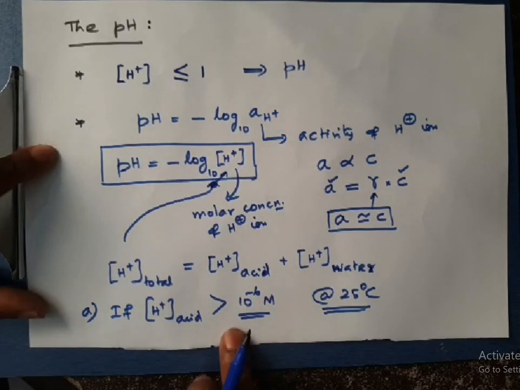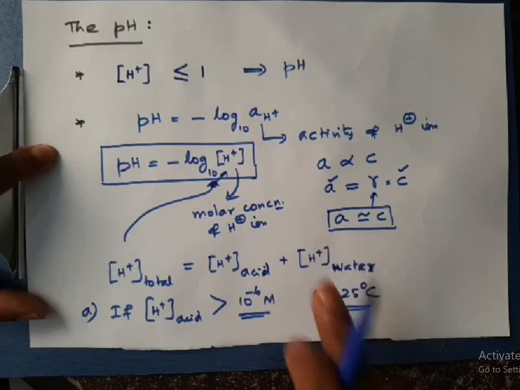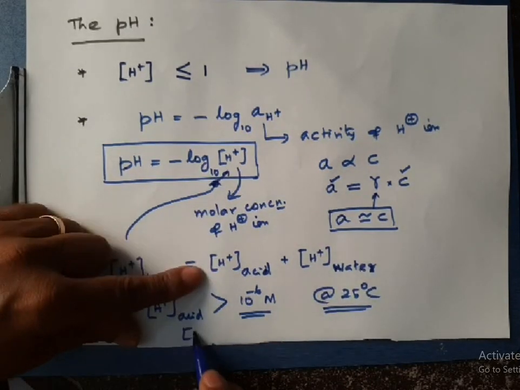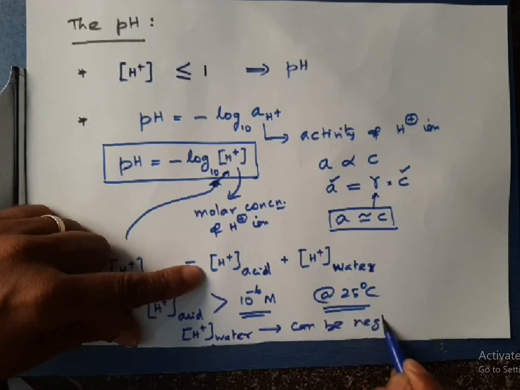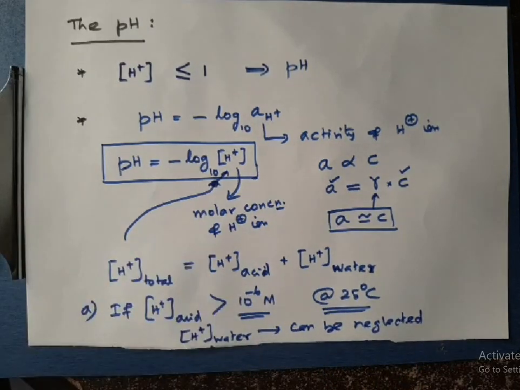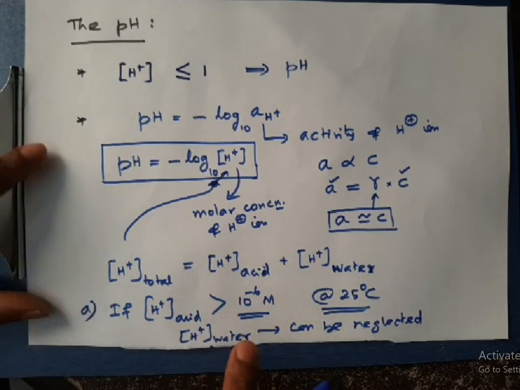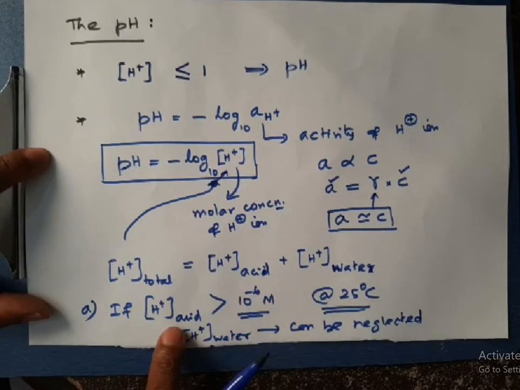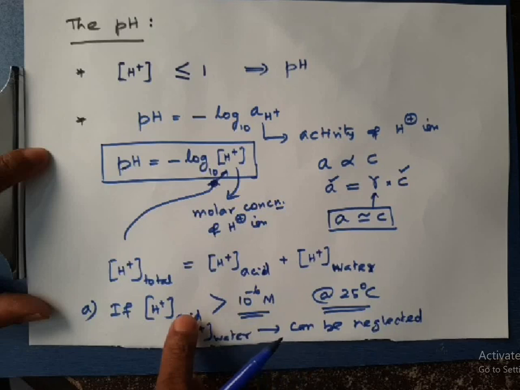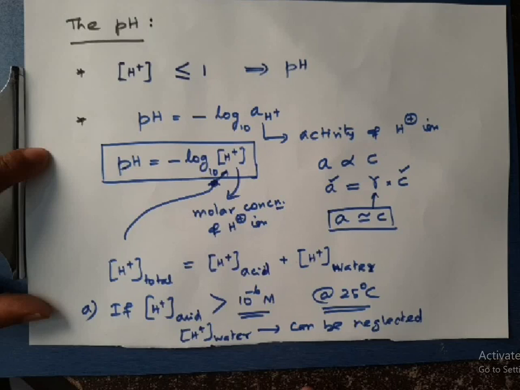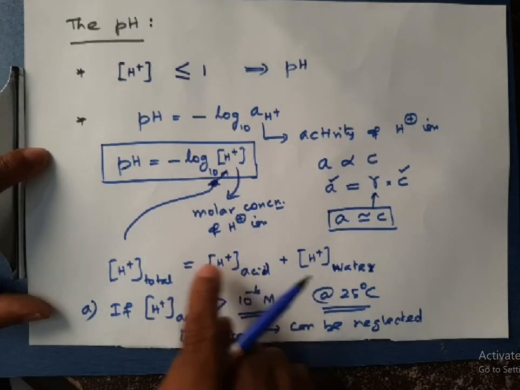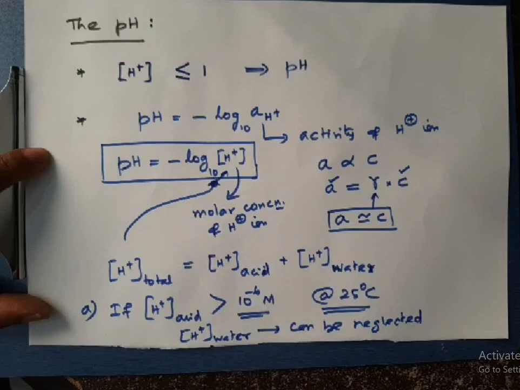In this case, you can neglect the H plus ion concentration from water. So whatever acid is given, calculate the H plus ion concentration from the acid and see the value. If the value is greater than 10 power minus 6 molarity, then you need not worry about H plus from water. You take only the H plus from acid and calculate the pH.